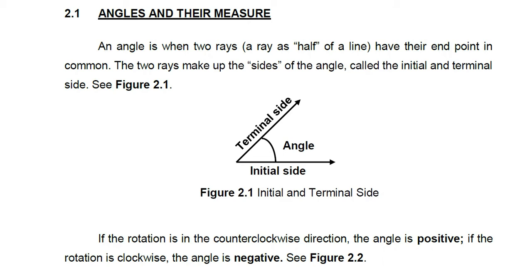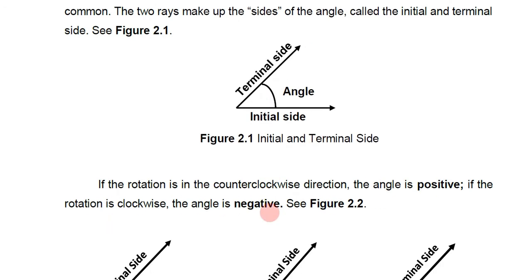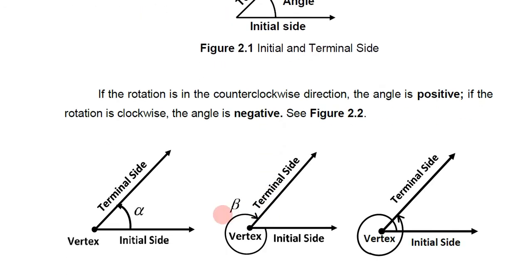An angle is formed when two rays have their endpoint in common. The two rays make up the sides of the angle, called the initial side and the terminal side. If the rotation is in the counterclockwise direction, the angle is positive.